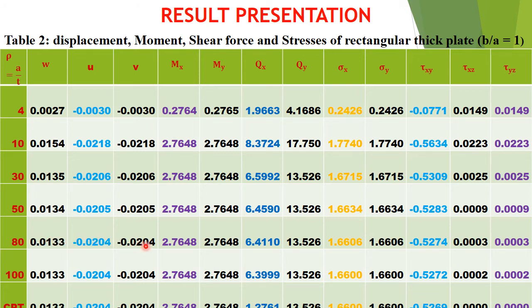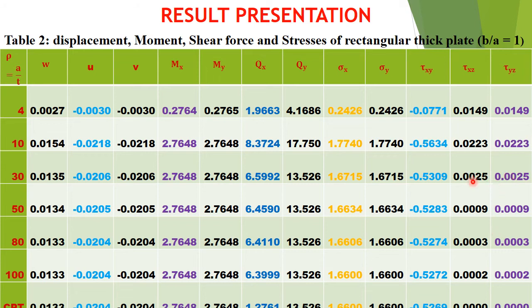When we come to the stresses, you'll find that our value is even constant, even at a span thickness ratio of 30. So when we look at this, the value is actually for the square plate.